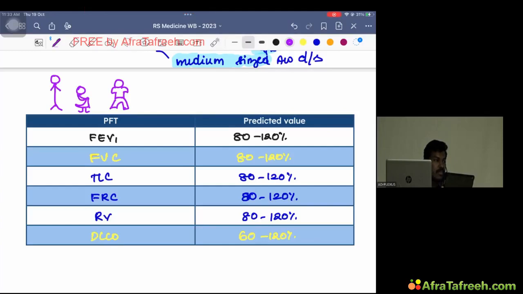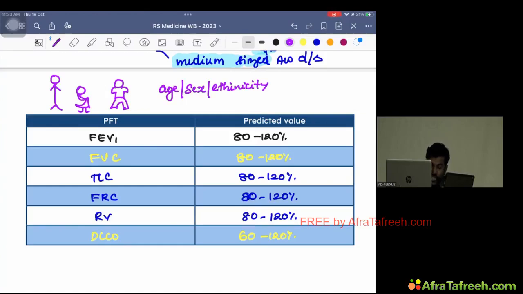No. It varies from area to area: age, sex, and ethnicity all vary. Based on age, sex, and ethnicity you have a predicted value, which is in percentage.